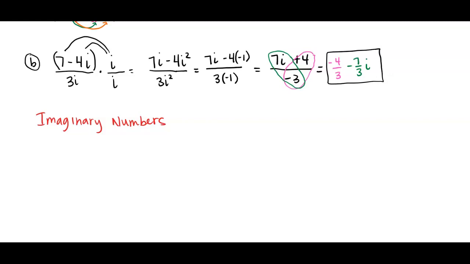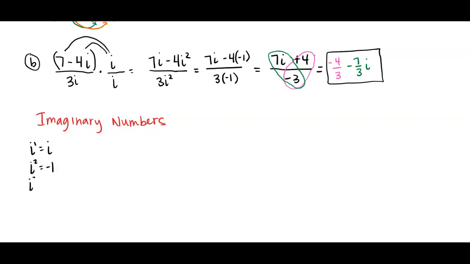Notice if I have i to the first power, that's just i. If I have i to the second power, well, remember one of the properties that we know about imaginary numbers is if we have an imaginary number squared, that's going to give us -1, right?